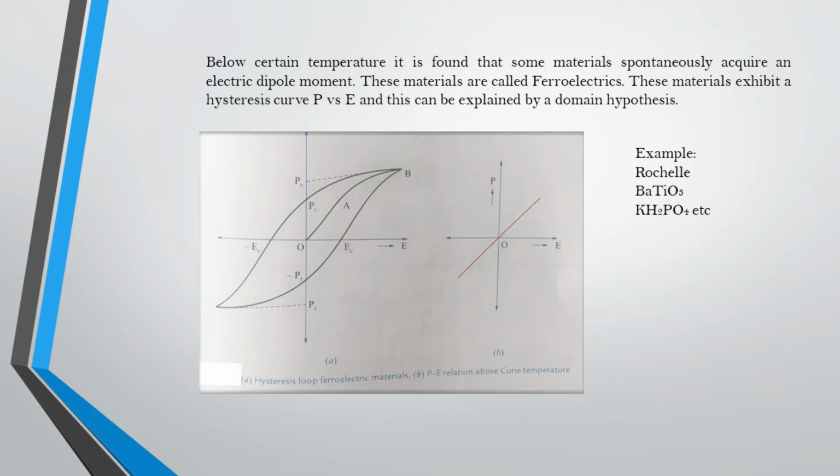Now there are some materials which spontaneously acquire an electric dipole moment below a certain temperature, and that material exhibits a hysteresis curve like in ferromagnetism. So here the hysteresis curve will be P, capital P, that is polarization, versus electric field E. These materials are called ferroelectric materials or ferroelectrics.